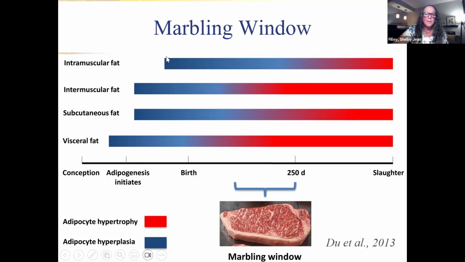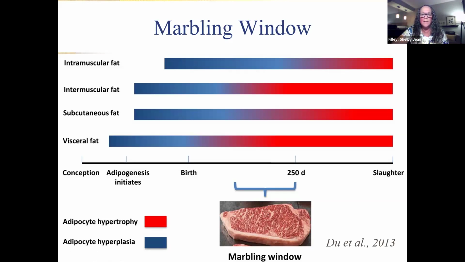And we can look at the intramuscular fat at birth. That steer, for example, that you're going to fatten for a steak, already has the number of fat cells determined before birth for the intramuscular fat, intermuscular fat, subcutaneous fat, and visceral fat.